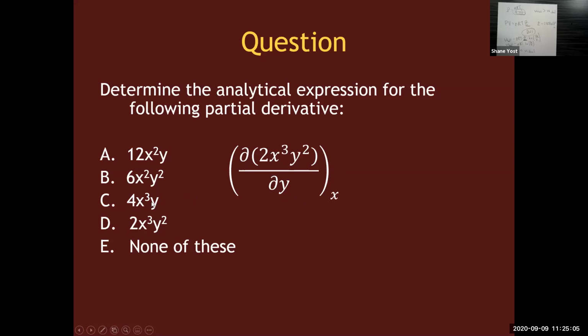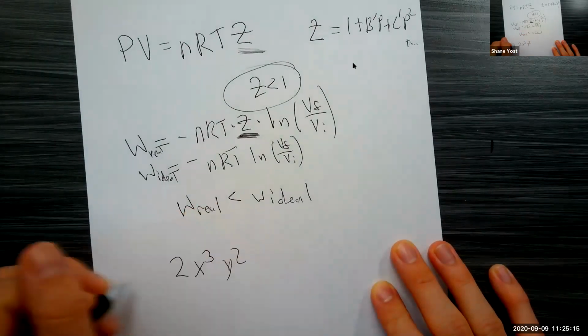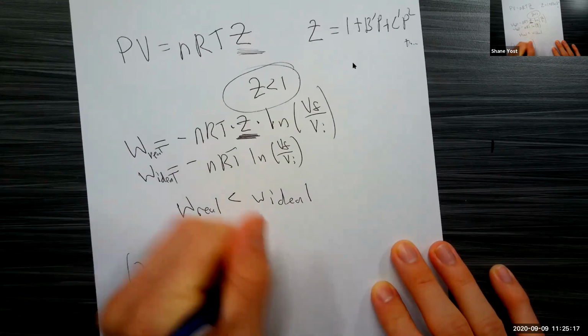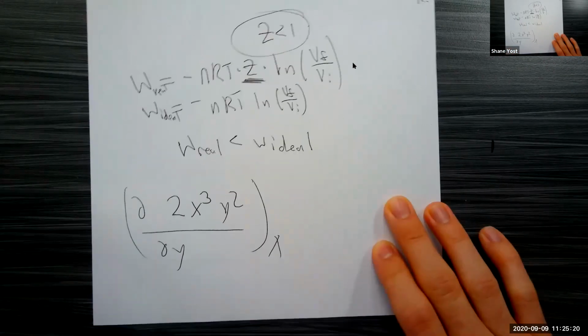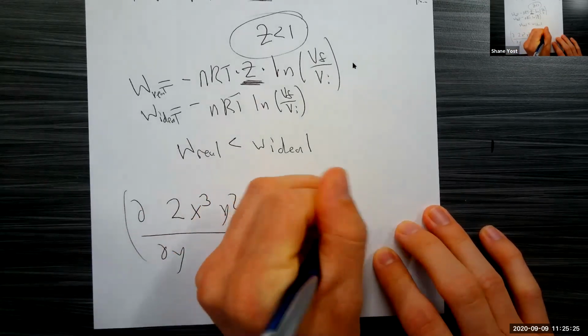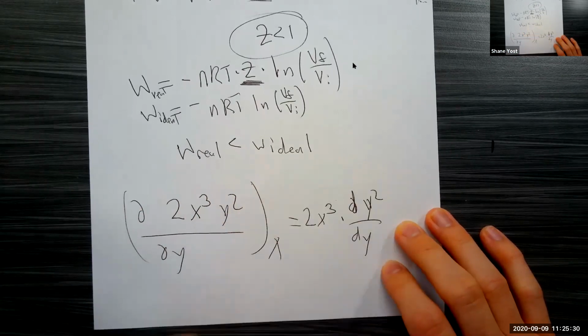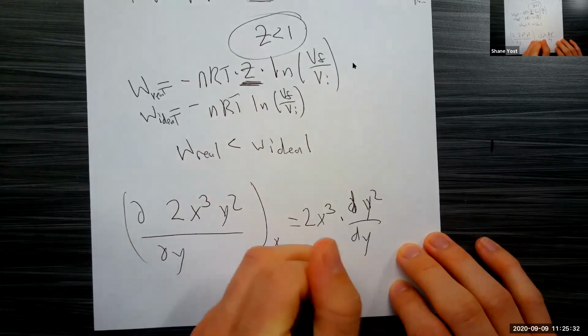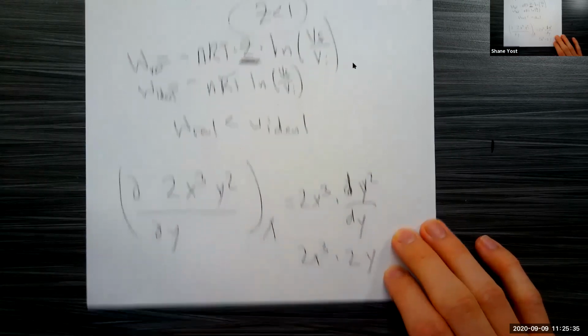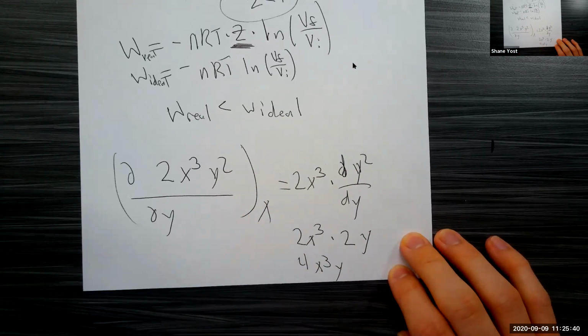I have 2x cubed y squared, del y, holding x constant. This is the same as looking at 2x cubed times the derivative of y squared, which is 2x cubed times 2y, which gave us 4x cubed y.